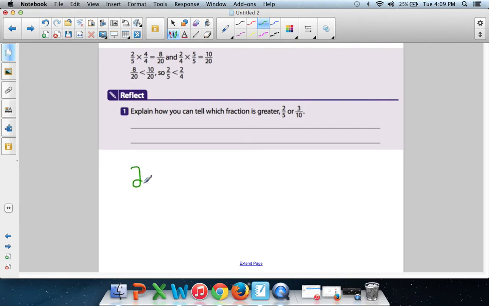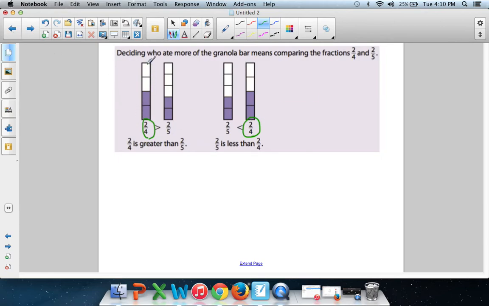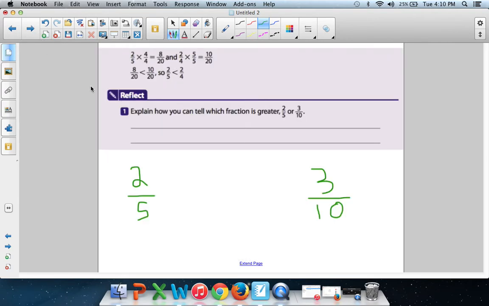You have 2/5, and you also have 3/10. Okay? And you want to say, hey, which one's bigger? But it's so hard to figure out. Like before, you have to draw a perfect rectangle and shade it in just right. How can we figure it out and be absolutely certain which one's bigger?